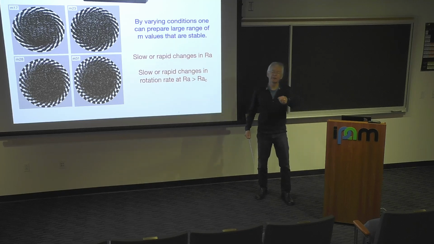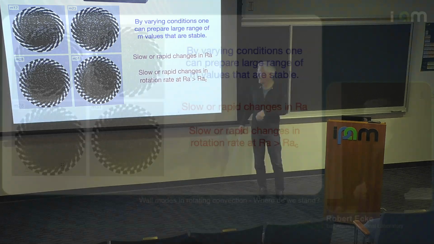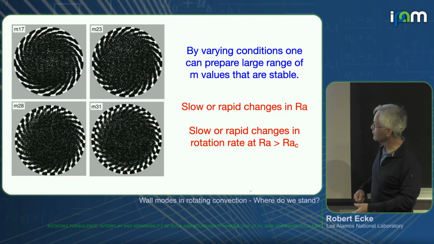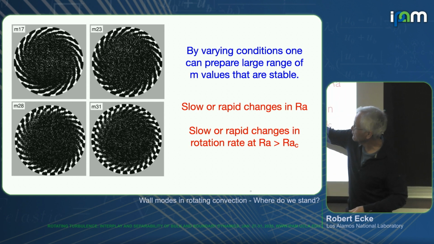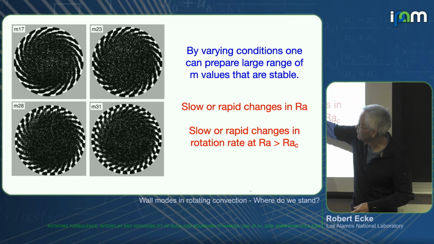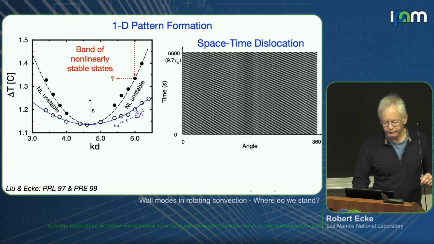So you jump quickly to a Rayleigh number, or you go adiabatically slowly, you go up and change the rotation rate back and forth. And my postdoc, Yuanming Liu, was very clever about figuring out how to access essentially the whole spectrum of 14 different M numbers between 17 and 31.